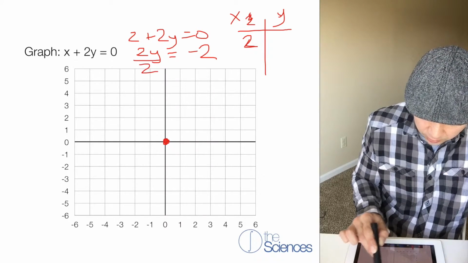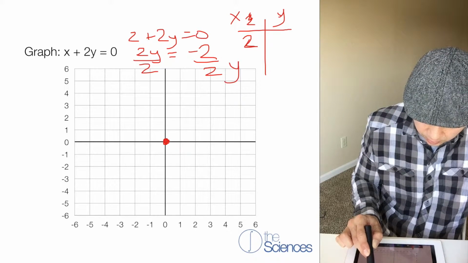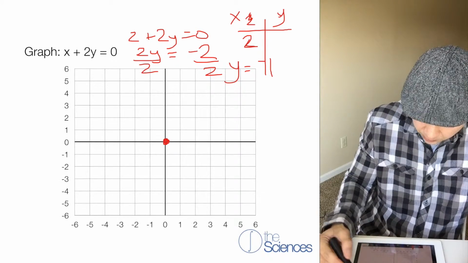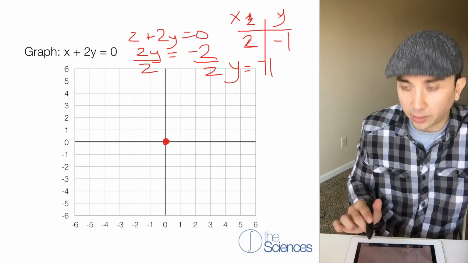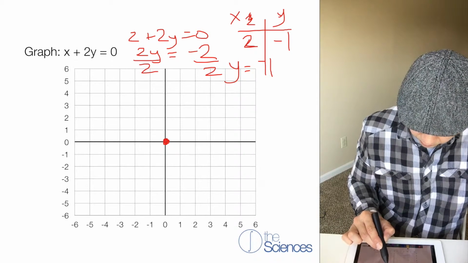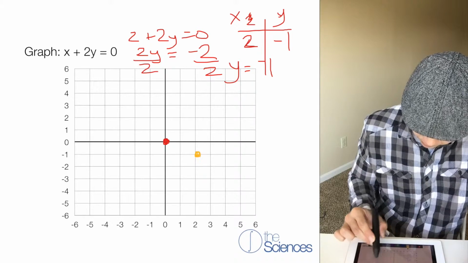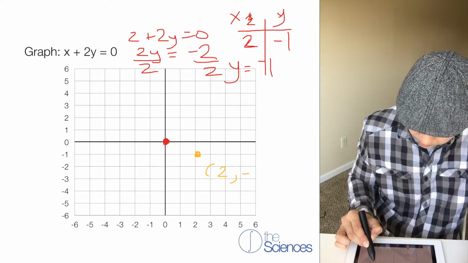And then if we divide both sides by 2, we get y equals negative 1. So when x is 2, y is negative 1. So now we can plot that. So that's our point for 2, negative 1.